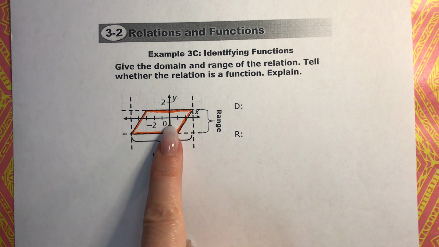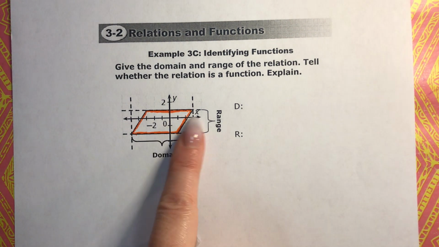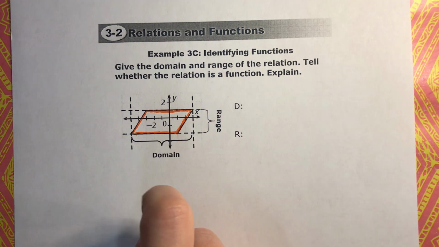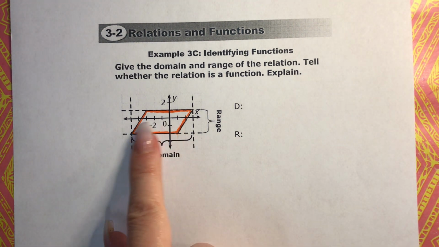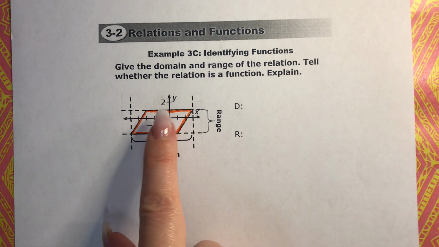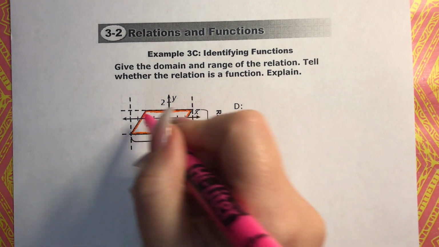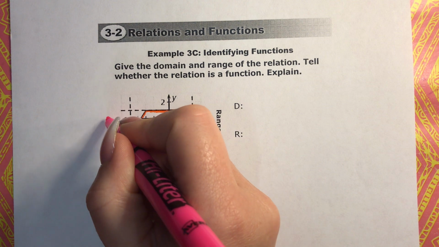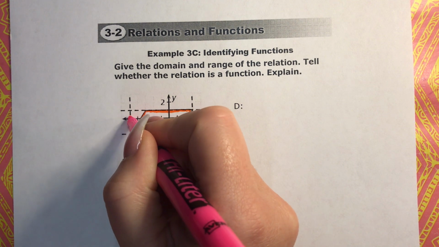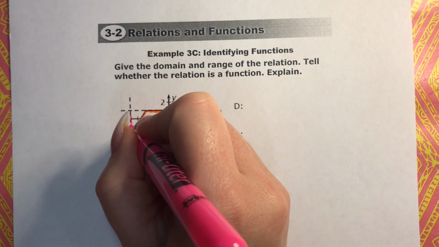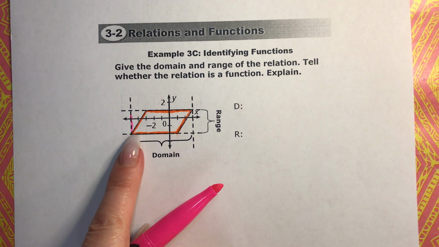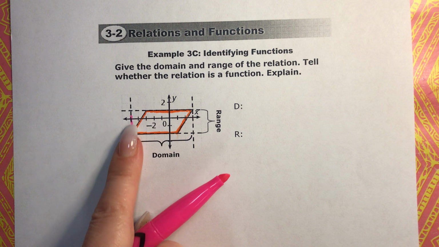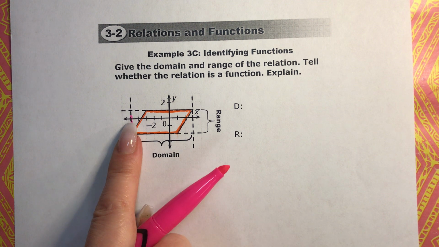For looking at the domain, or the x-axis, I want to know, well, for this orange figure, what is the smallest x value that it touches? If I go all the way over here on the x values, there is no graph, there is no graph, there is no graph. Whoa, right here is where the little piece of orange hits the x. So this is a part of the domain, right?